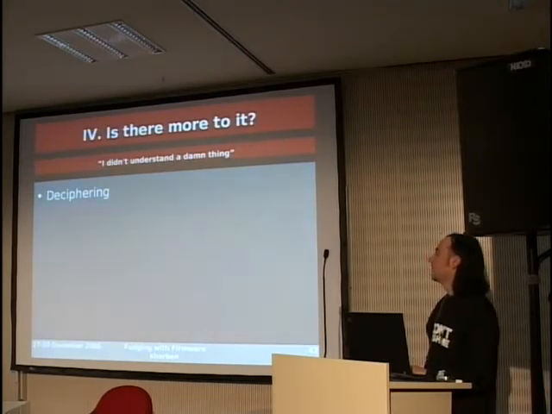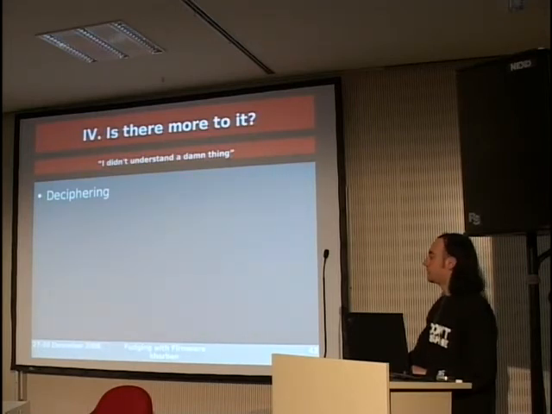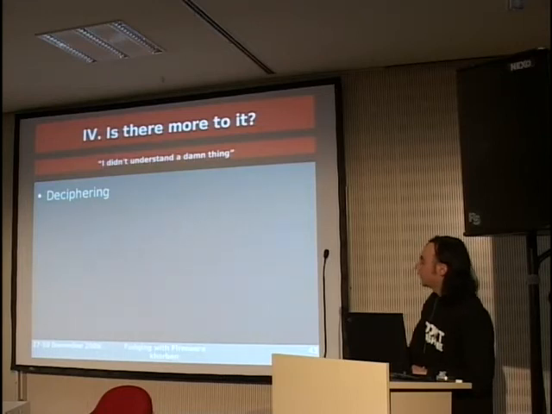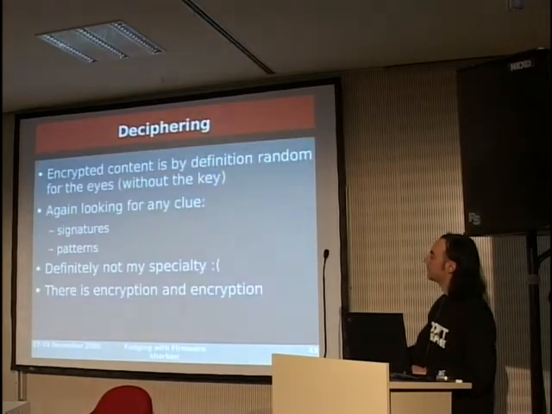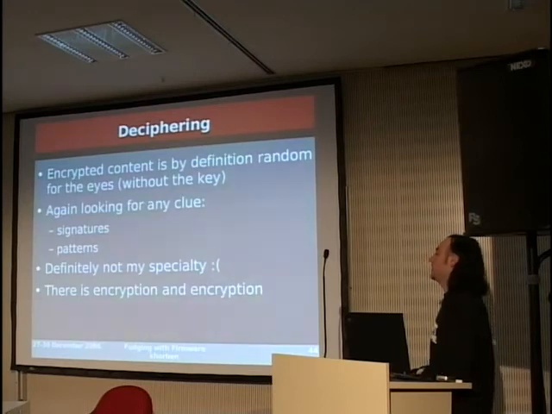Now, if at this stage we are still stuck because the vendor did a really good job or it's ciphered in a way and not just compressed or twisted, we can consider ciphering and deciphering. By definition, encrypted content looks random to the eye.